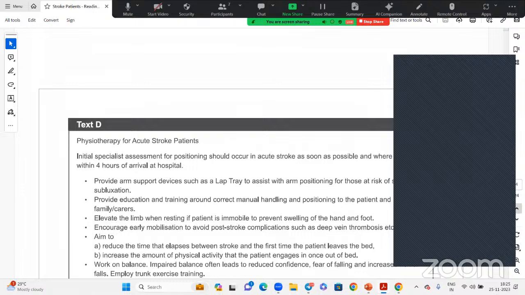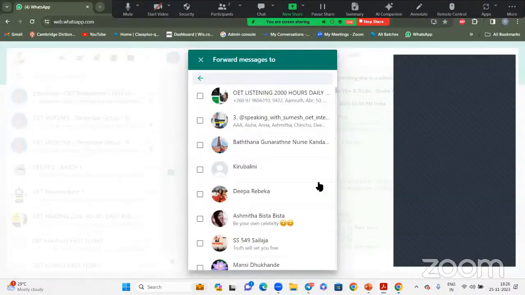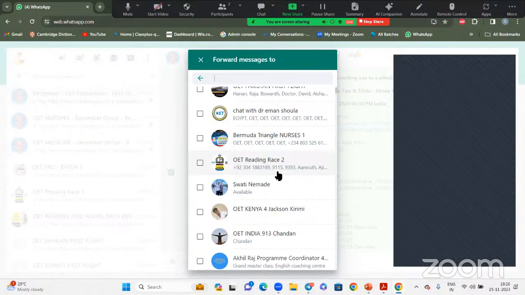Third one is timeline, C. Action plan, steps, procedures, whatever you want to write, write down.